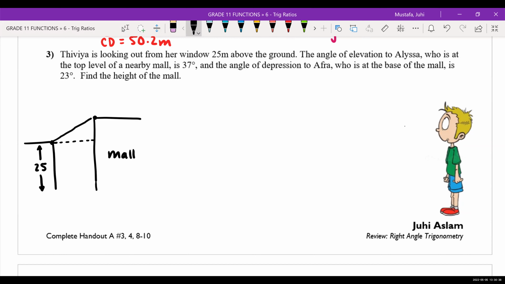So I'm going to put that right in there. Then the next part of the question says the angle of depression.